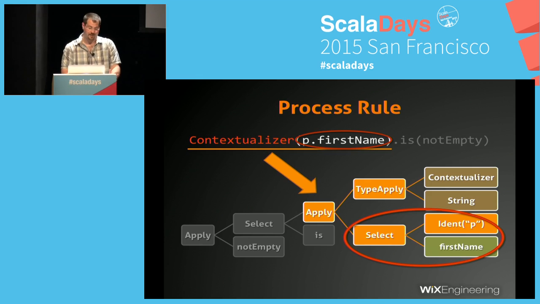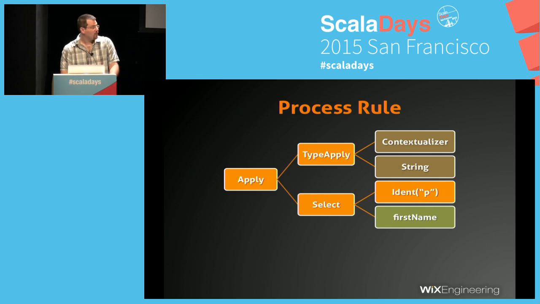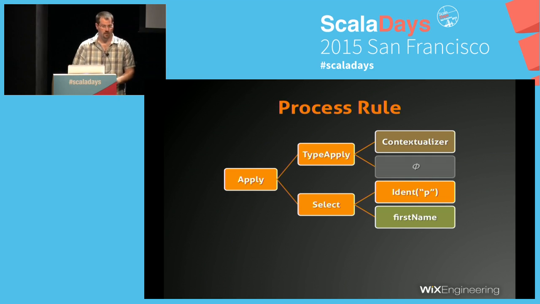Now, how do I get at it? Well, looking at the whole subtree, basically, I don't really care about the type. Like I mentioned before, it may be a rule about a string or an int or a list or just about anything, and I don't care. More importantly, I don't care about anything that is a subtree of this select. This select is actually what I'm interested in.